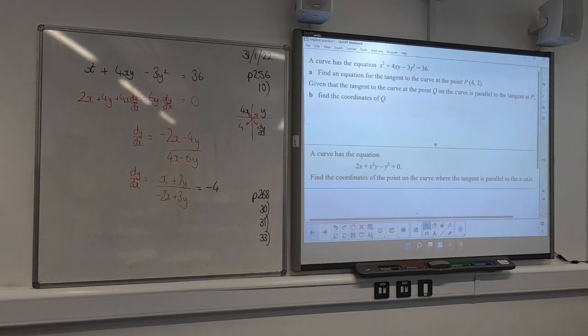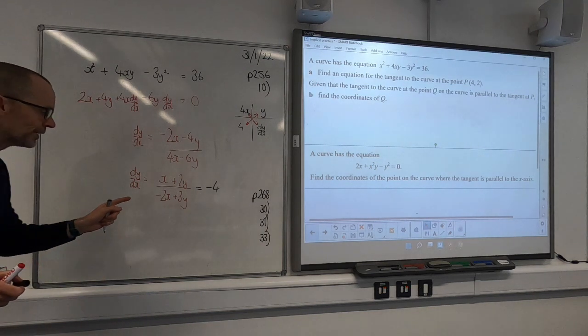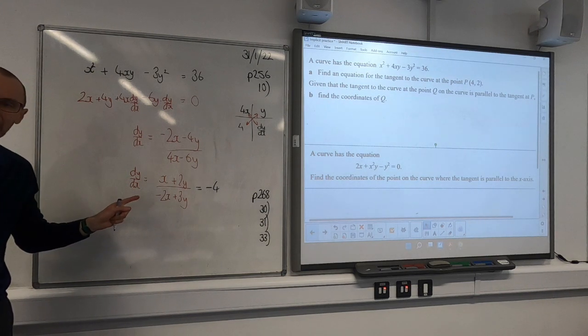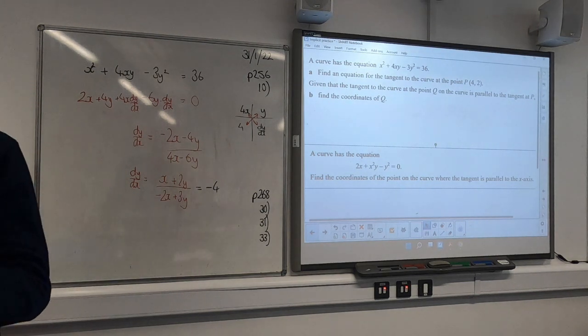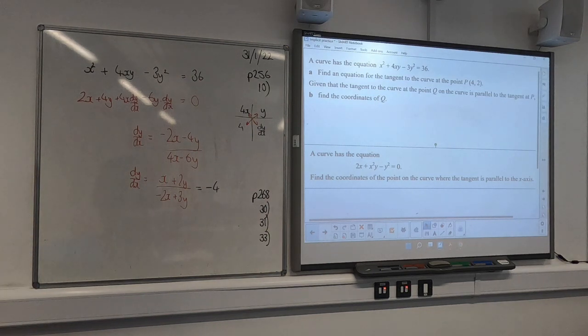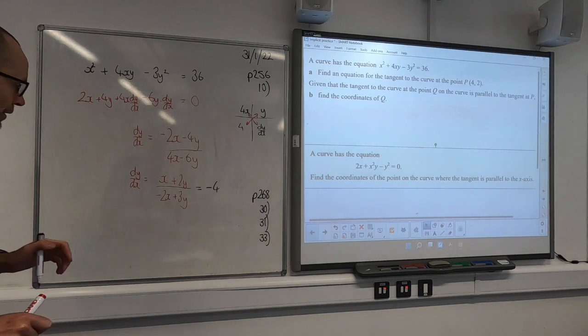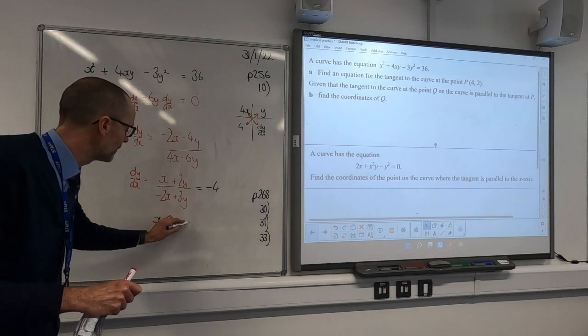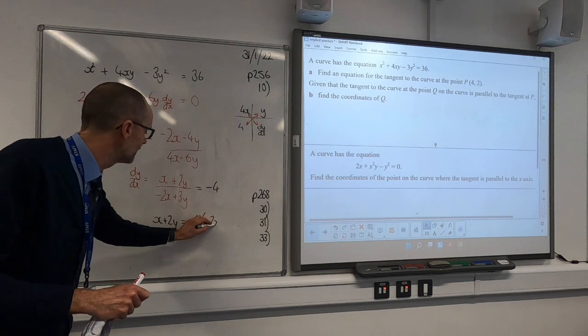And the problem I have is I can't do that from dy by dx, because dy by dx is an equation with x and y. So all I can do is get an equation that's relating x and y. Can I get you to do that much for me? I hate fractions, so I'm going to multiply both sides by the denominator.